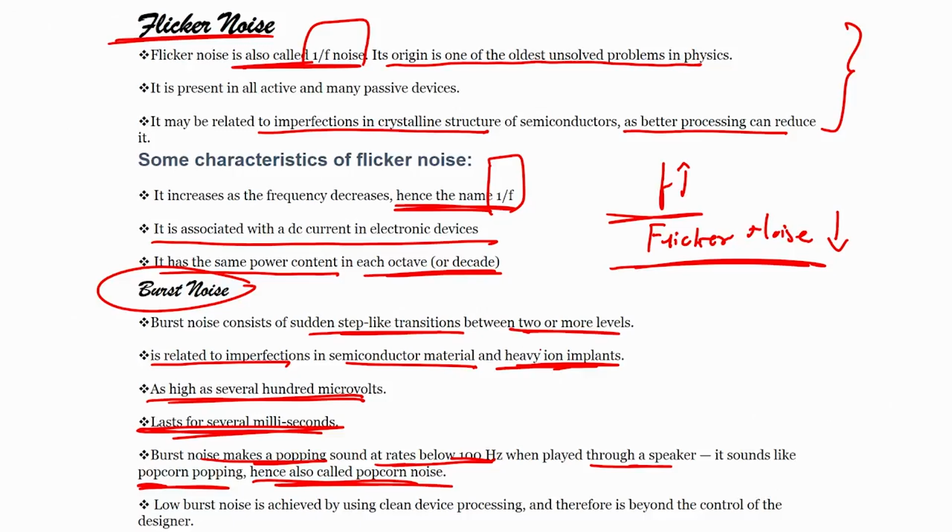It is a sudden step-like transition, and the voltage is as high as 100 microvolts, lasting for several milliseconds. When you connect a speaker, you will hear a popping sound at a rate below 100 hertz, and because the sound is similar to popcorn popping, it is also called popcorn noise.